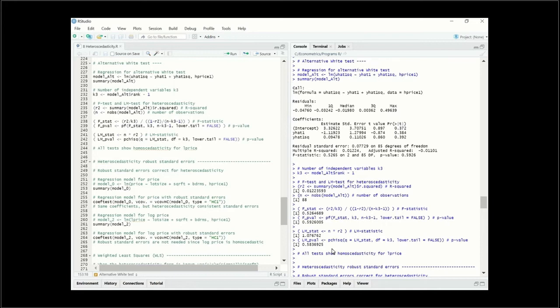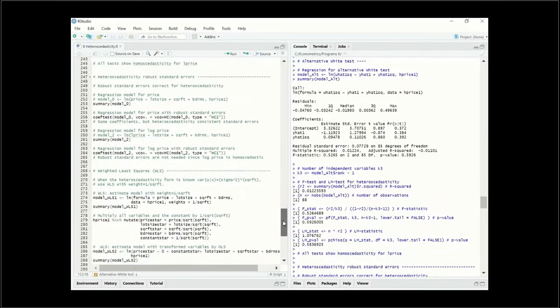So we can just use the model with logs because it satisfies the homoscedasticity assumption, and there's no problem just estimating as is. But in the model for price, because we have heteroscedasticity, we need to do some corrections. And how we do these corrections is with the so-called heteroscedasticity robust standard errors. So let's go ahead and actually implement these right now.